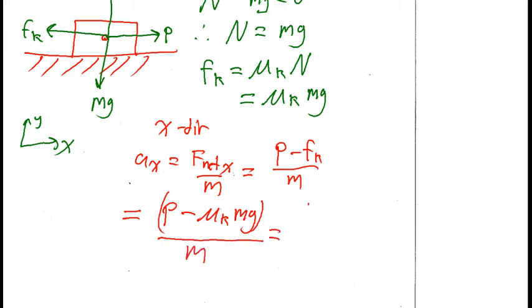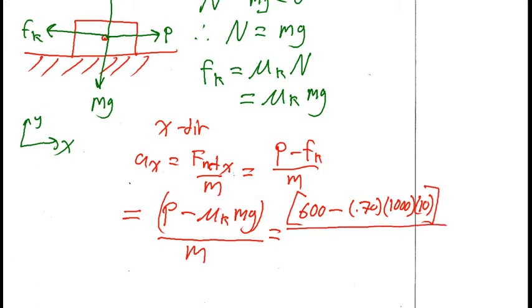So now we can go and look back at our table of the known values. The pushing force was 600 newtons minus the coefficient of friction, 0.70, times the mass of the car, 1,000, times the acceleration due to gravity, 10, and then that gets divided by 1,000.